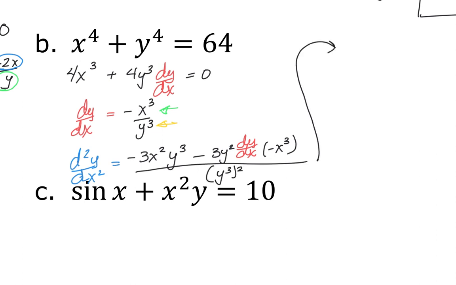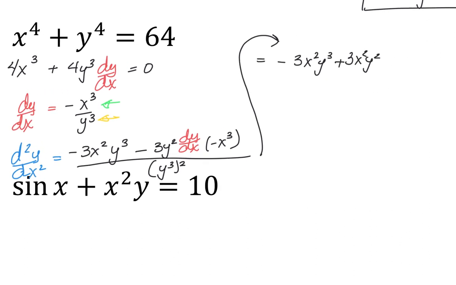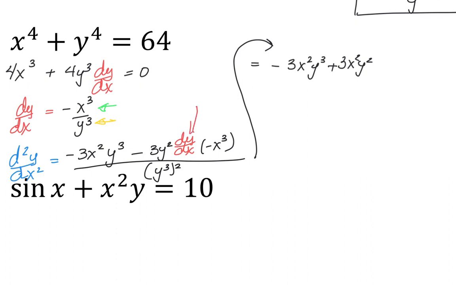Now, this will be equal to negative 3x squared y cubed minus becomes plus 3x squared y squared. I have to replace this dy/dx with this. So that then becomes, my replacement is negative x cubed over y cubed, all divided by my y to the 6th. And then, of course, I'd take that extra step to clean that up algebraically.